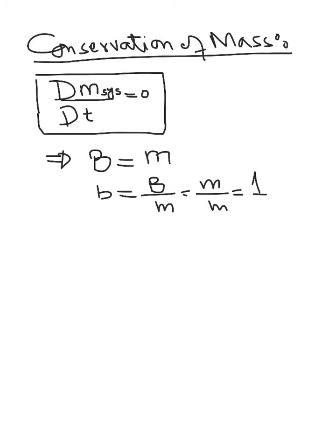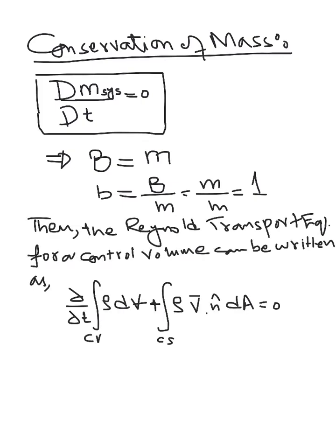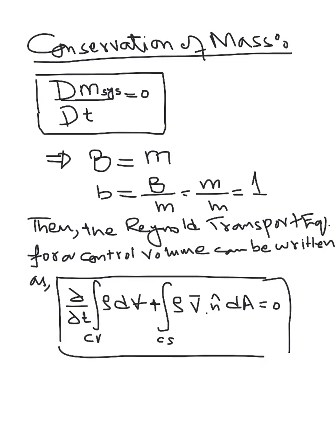So my Reynolds transport theorem in this regard can be written as, now this is the equation for my conservation of mass, the integral form, which I have obtained from the Reynolds transport theorem for an unsteady flow, and we will utilize this equation for solving our problem for practical applications.